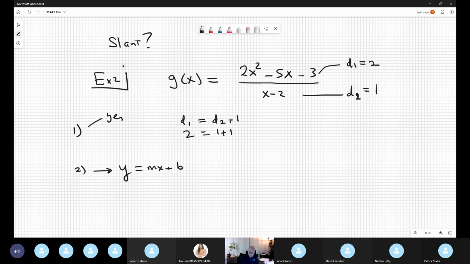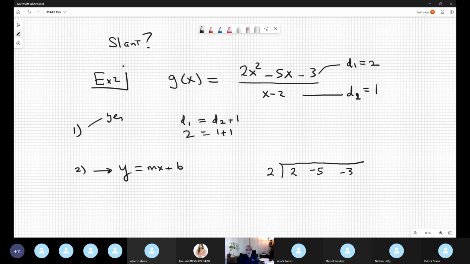Now the rest is to find the equation for the slant. So I ask you, do you prefer long division or synthetic division? Synthetic. Yeah, me too. So the format for the synthetic division is you copy that symbol, you put 2, -5, and -3, and outside, you put 2 positive, yes or no?